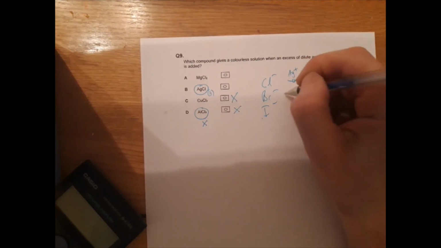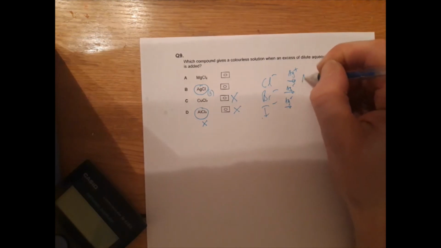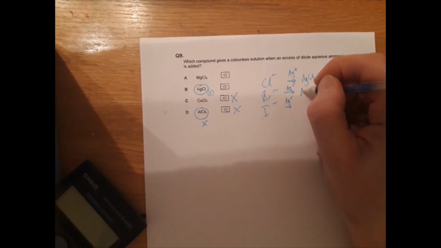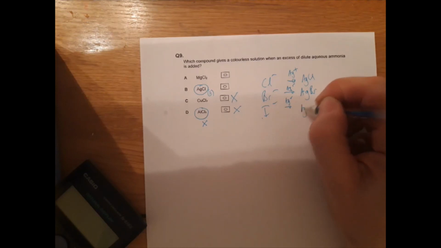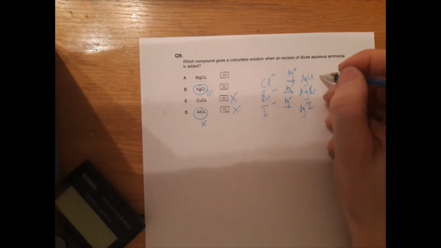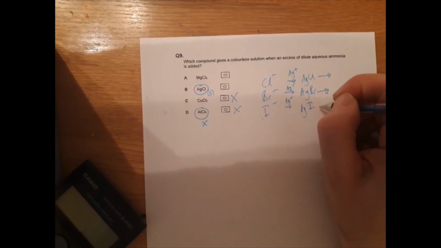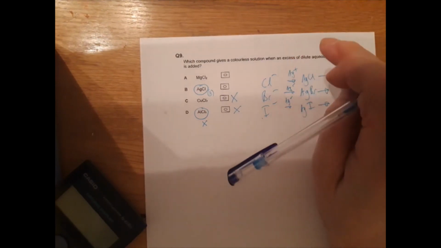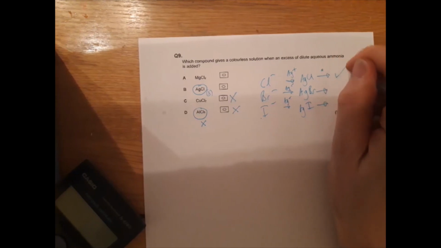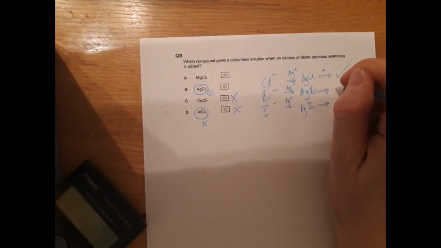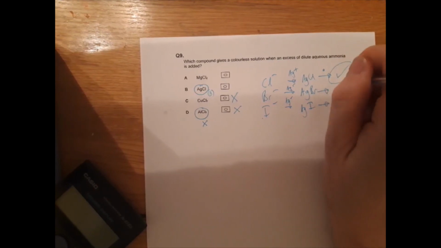You have silver ions. You make a white precipitate of this, a cream precipitate of this, and a yellow precipitate of this, and the follow-up is to add dilute aqueous ammonia, and this one dissolves, and this one dissolves only in concentrated ammonia, and this one doesn't dissolve, so you get a colourless solution.